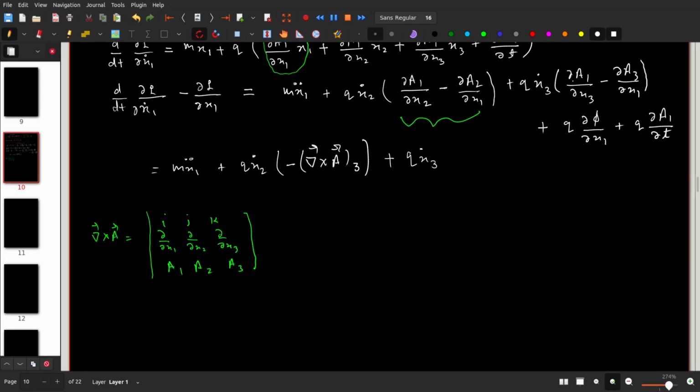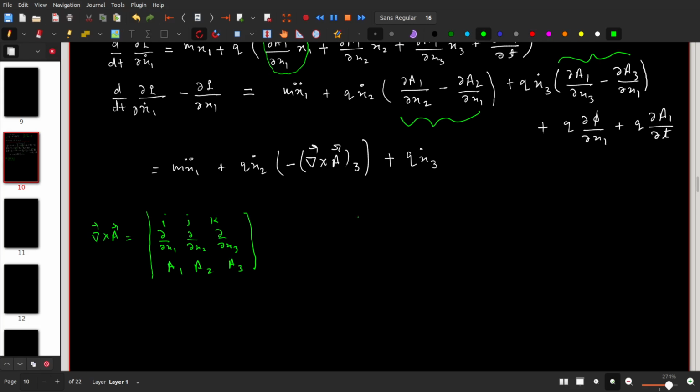And qx3 dot, this term is the second component of curl of A. Del a1 by del x3 minus del a3 by del x1.